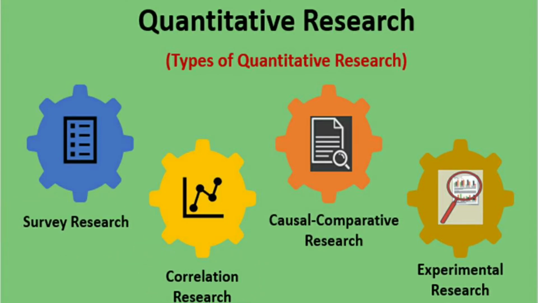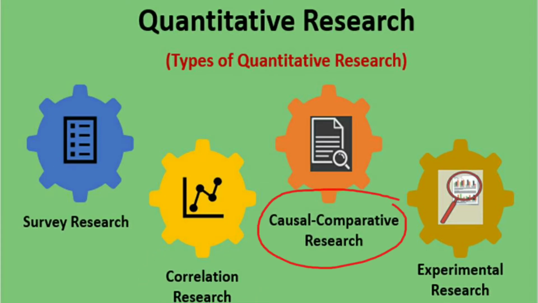The second one is correlational research, which is conducted for establishing a relationship between two closely associated variables to know the impact of one variable on another variable, and then changes in these variables are eventually observed.